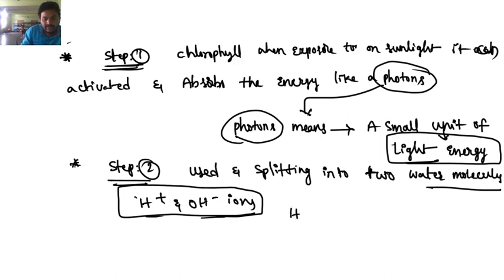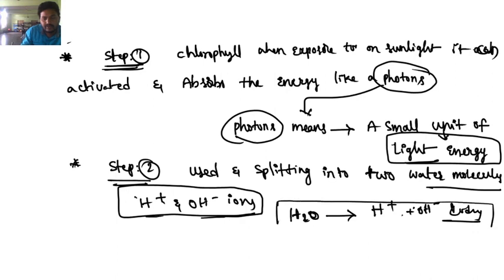Water, whose chemical formula is H2O, is split into two ionic components, H plus and OH minus ions. This process of splitting water molecules is known as photolysis.